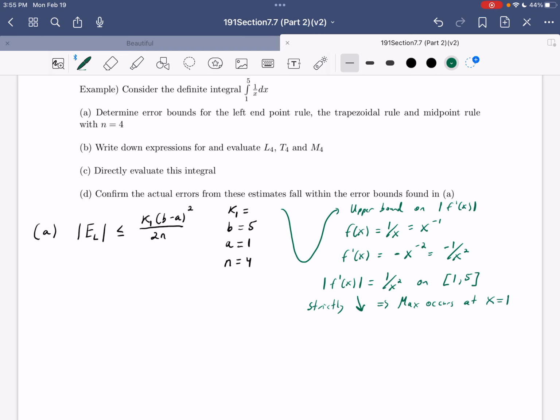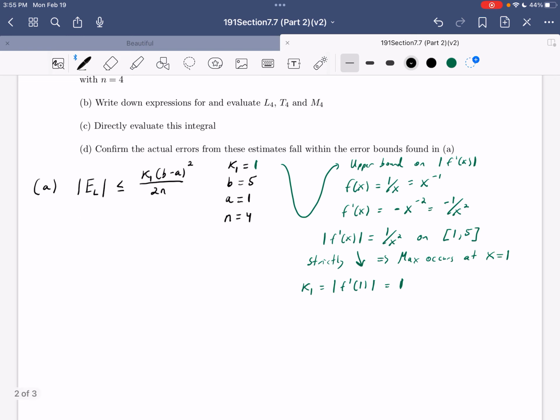So let's plug in x equals 1. That means our K sub 1 is going to be the absolute value of the first derivative at 1, which, if we plug in 1, is just going to give us 1. So now we know that K1 should be 1. We have everything that's necessary, so let's plug that in.